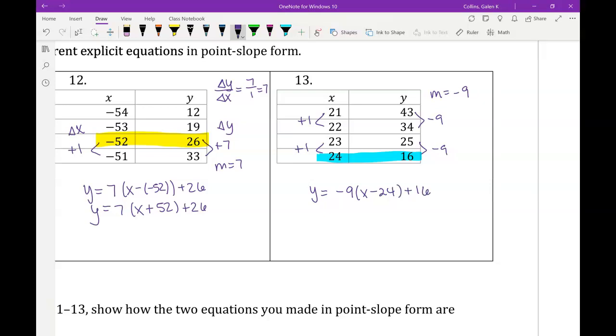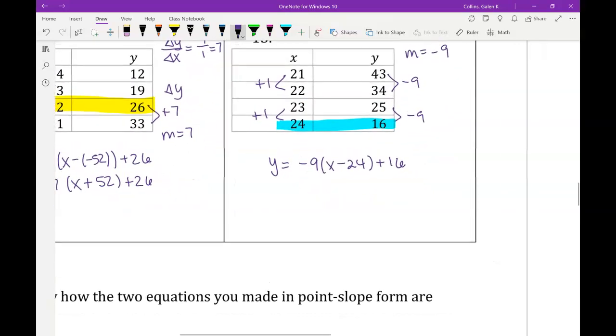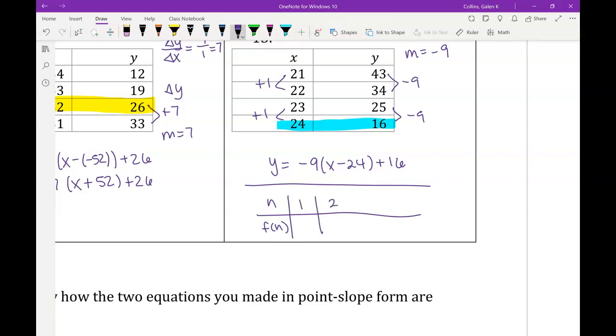So my last note is, if you're watching this and you're like, when did we do this in Unit 1? In Unit 1, it's like a different problem. We had many tables where our n value didn't begin at 0. And so back in Unit 1, let's say I started at 5 and counted up by 2s.